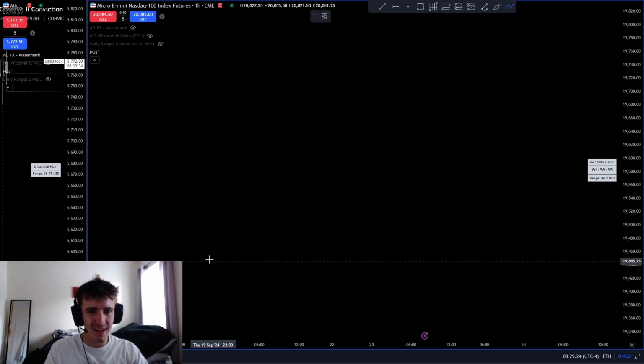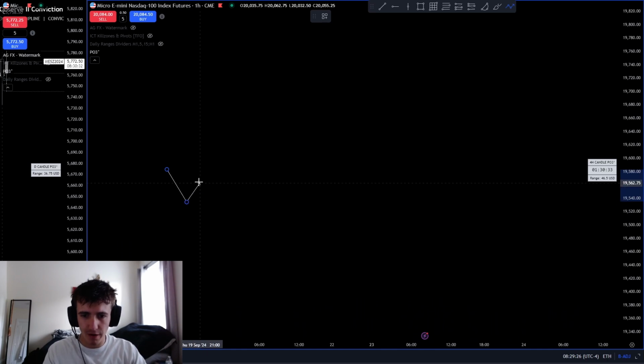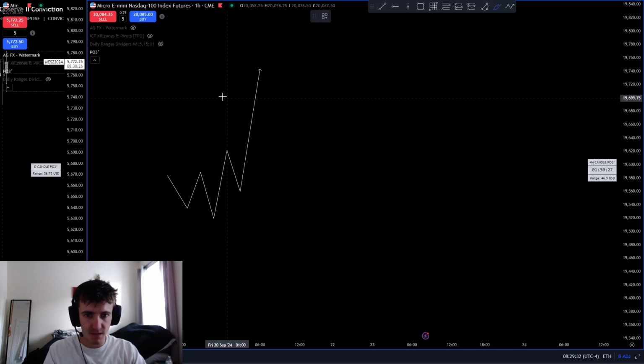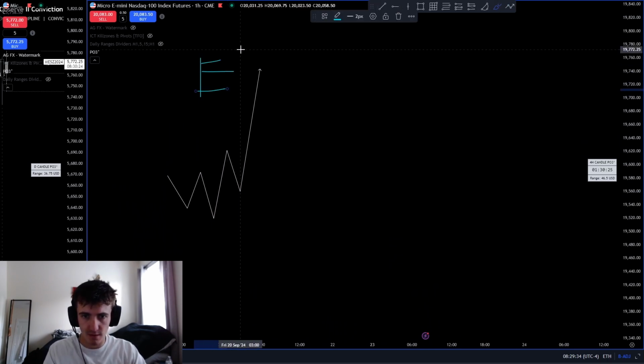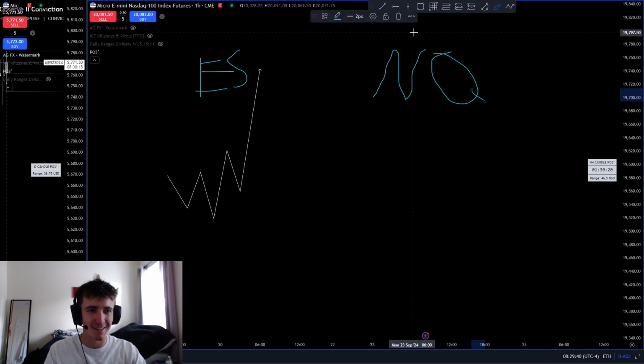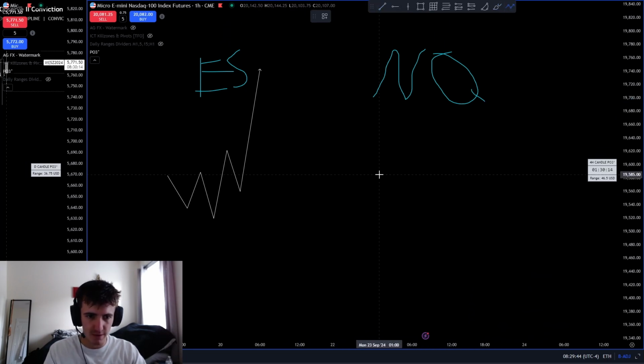And so all an SMT is, is a liquidity grab that doesn't happen on both pairs. So for example, we'll say this is ES, and this will be NQ. That's a terrible Q. That's NQ right there. Okay. So now we'll draw NQ. Try to make these very similar for you guys so you understand.